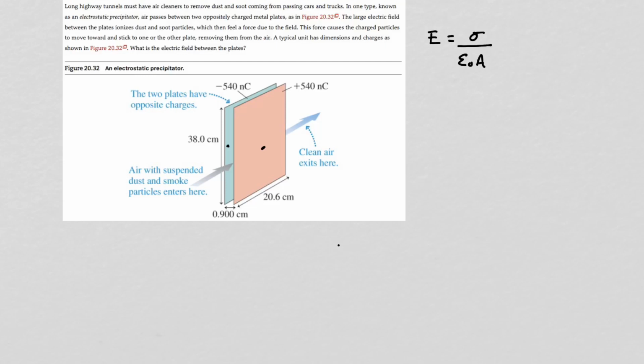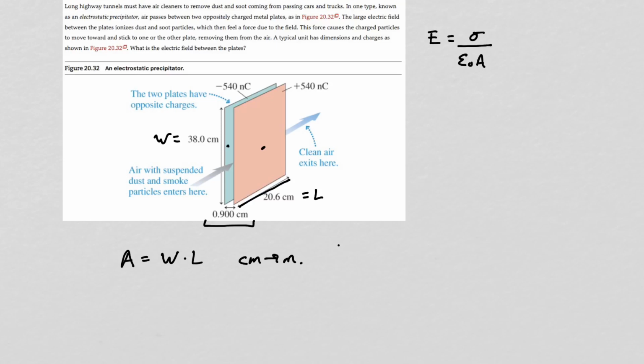We see that each one of those plates is separated by some distance, but more importantly, each plate has a certain length and a certain width, which means that for these plates, we definitely know the area. It's the length times the width, with one caveat: we have to make sure that we convert these centimeters to meters, because centimeters, like always, is a very, very bad unit.